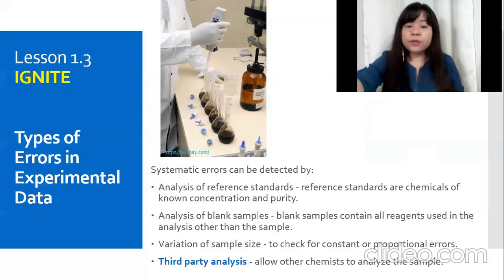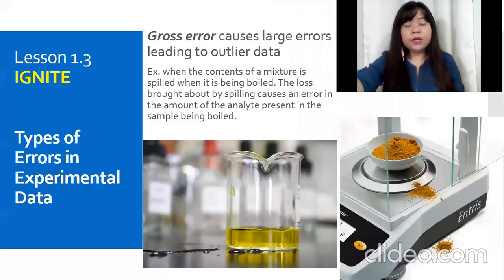And finally, third-party analysis, that's simply allowing other chemists to analyze your sample and checking if you're getting the same results.